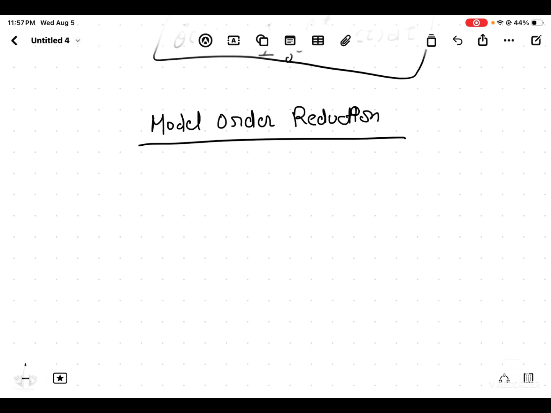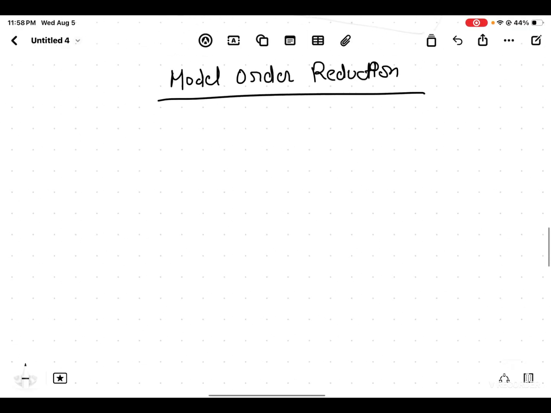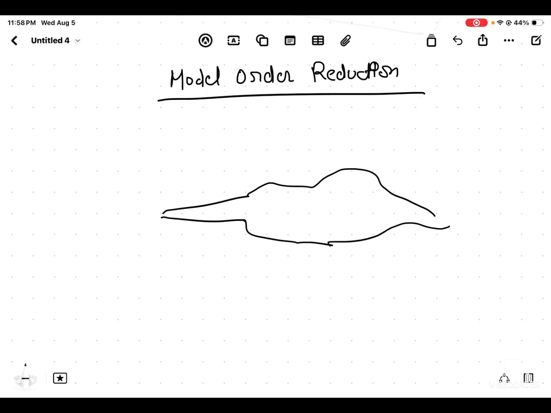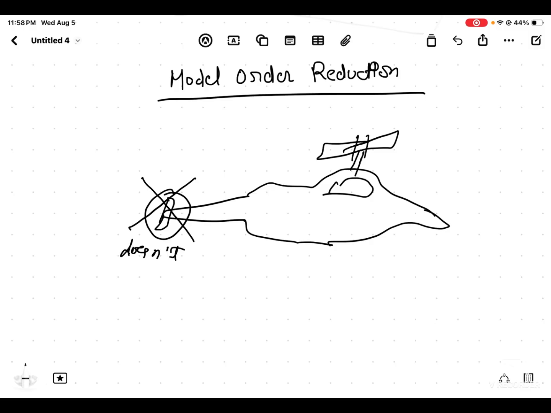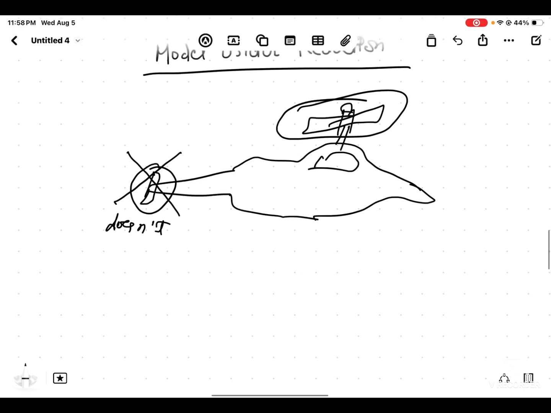For example, suppose we have a helicopter, its tail rotor. Suppose the helicopter doesn't have a tail rotor, then what happens? It will only have a head rotor. So what happens is, this is for counterbalance.